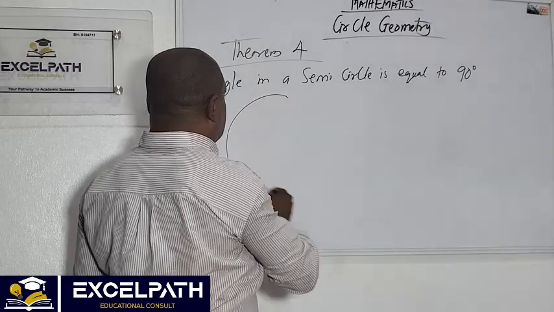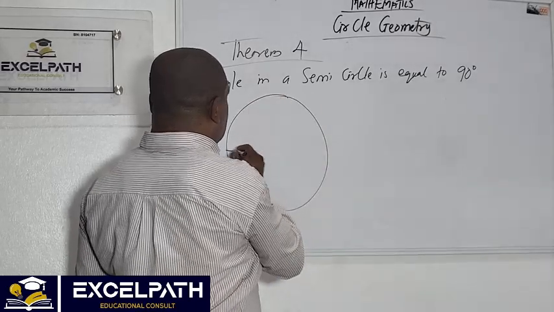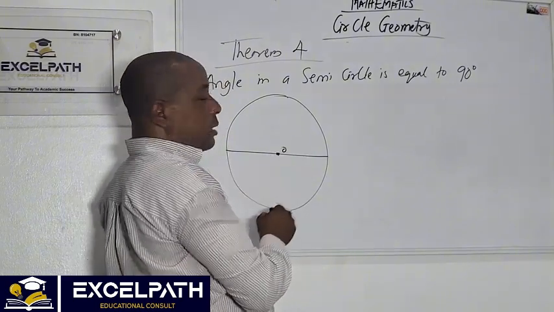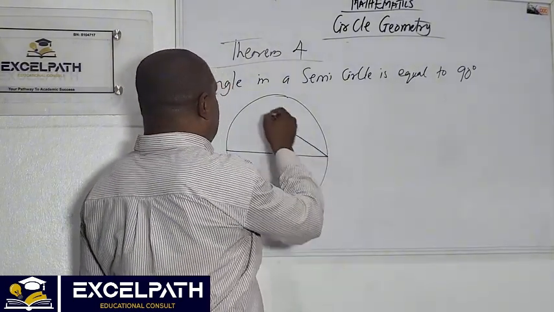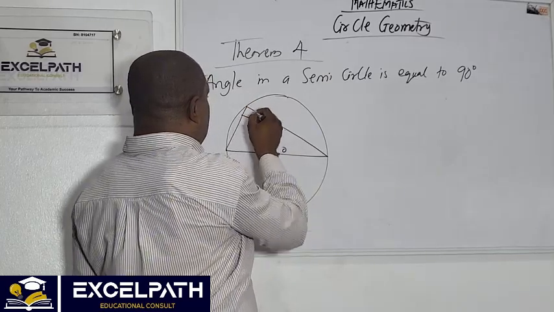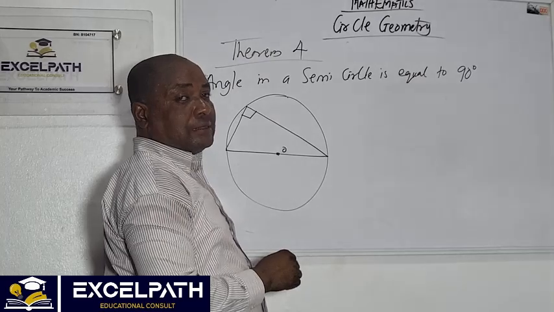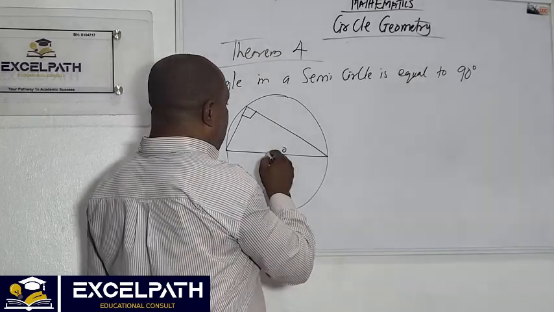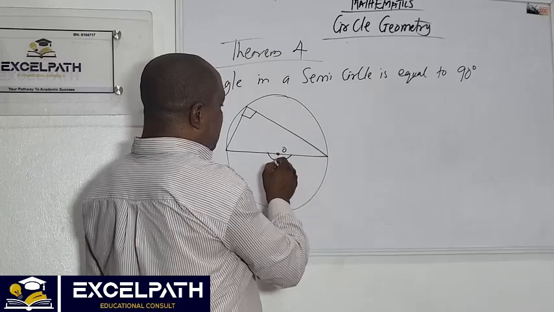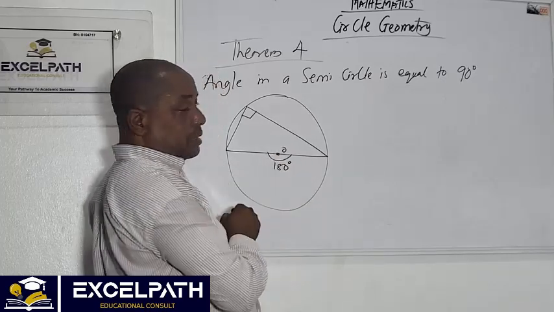So let's look at it. This is a diameter. This is the center, O. Now, if I draw a line like this and I bring it here, this angle here is equal to 90 degrees. We can prove that if this is our diameter, this angle here is 180 degrees. Can you see it?